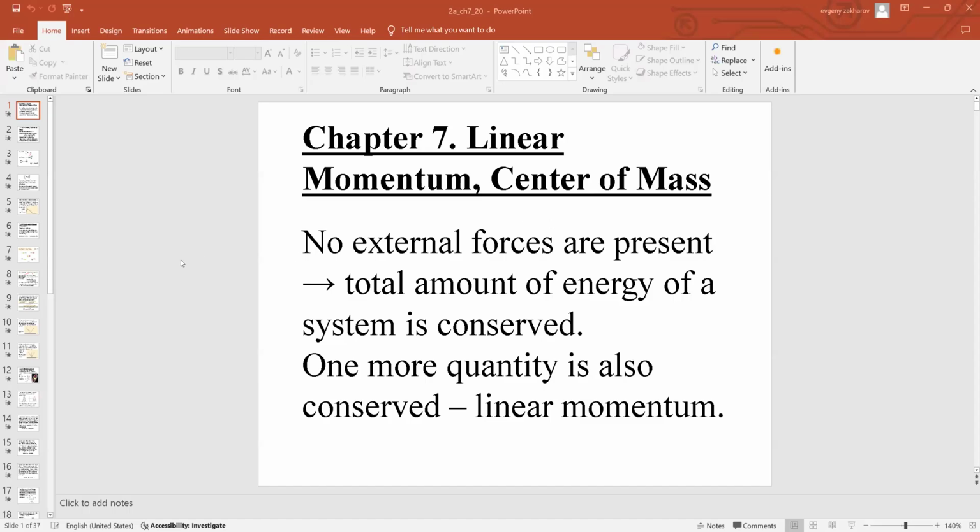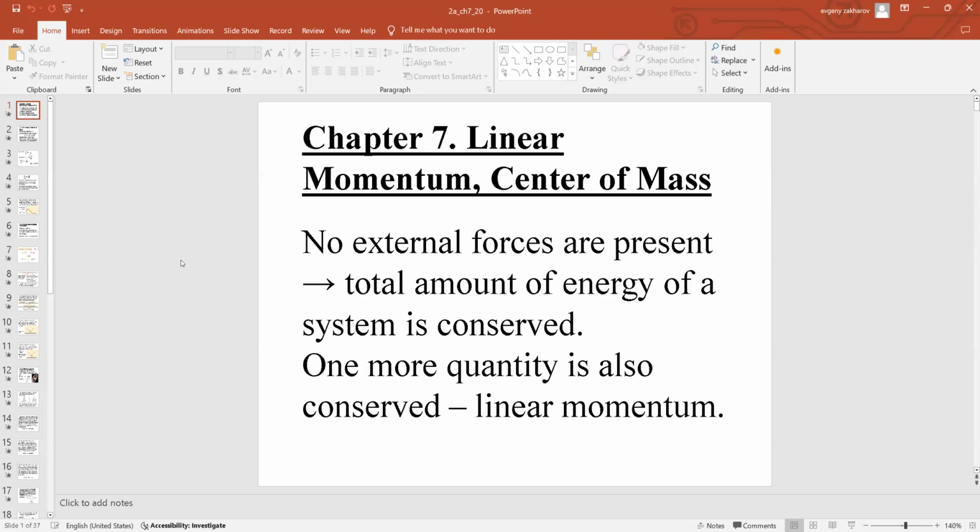Okay, chapter 7 lecture, the very important concept of momentum and conservation of momentum. Together with conservation of energy, it allows you to solve pretty much everything in terms of collisions.